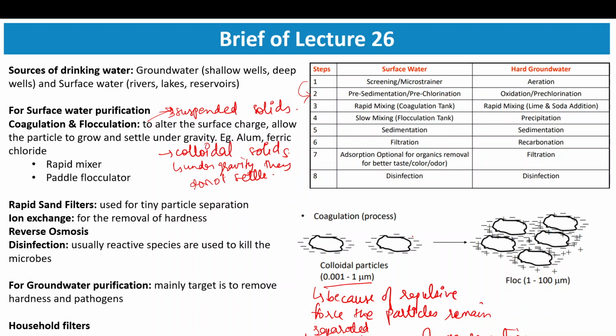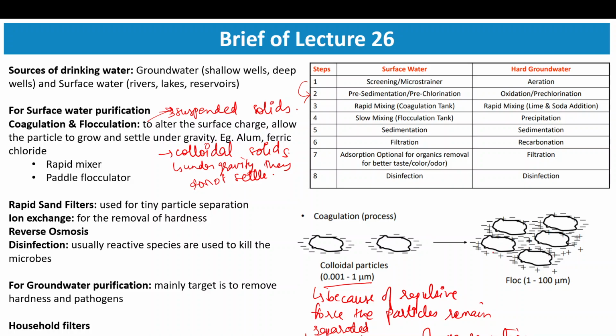So to remove this negative charge, we add a chemical which neutralizes the charge, and some opposite charge develops on the surface, so that the net resultant charge causes the particles to come closer.